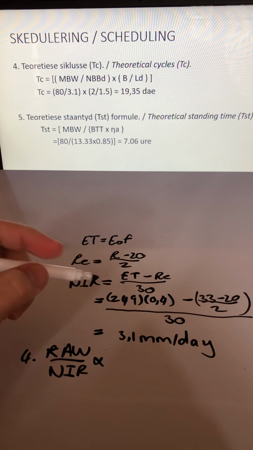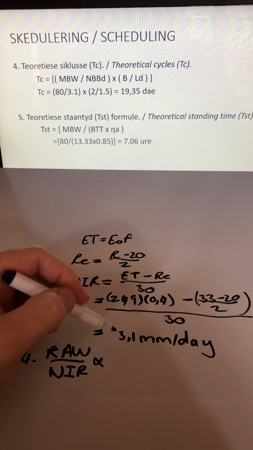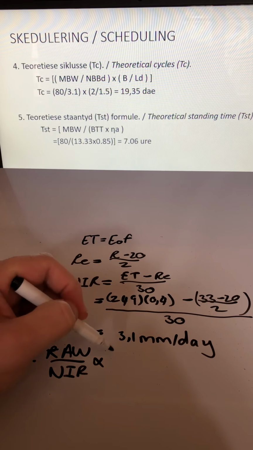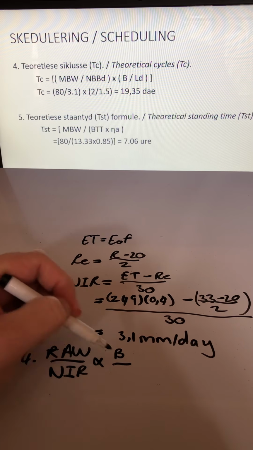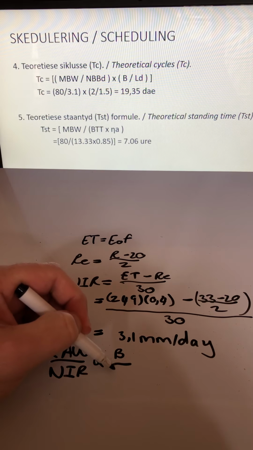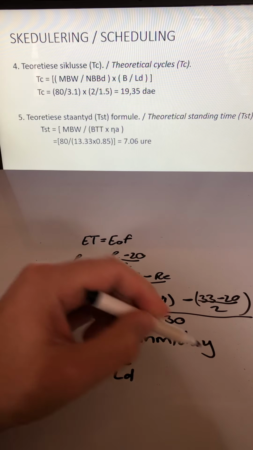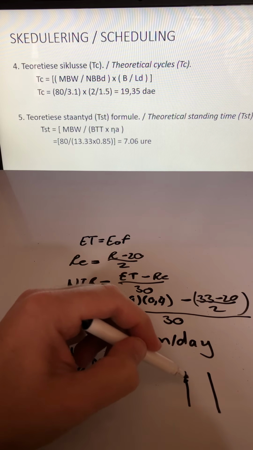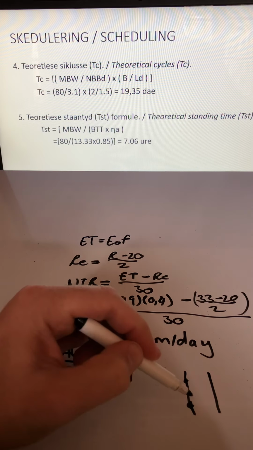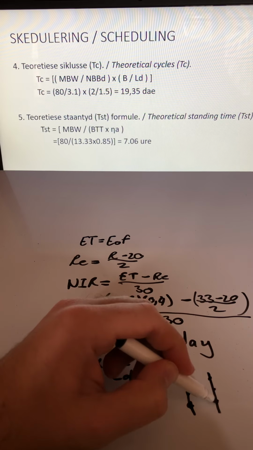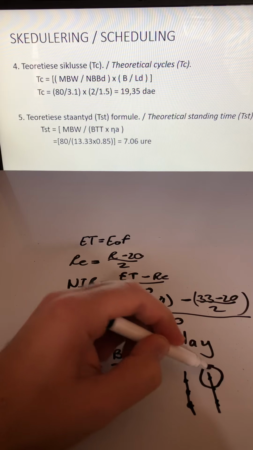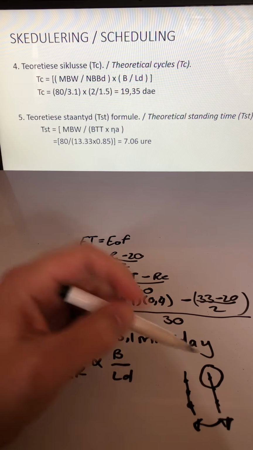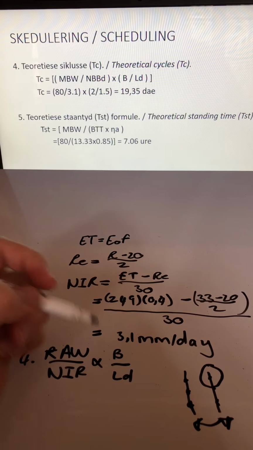So B, if you remember from the first question, is the diameter, and LD refers to the spacing of the laterals. So if you've got two laterals and you've got your emitters on these laterals, then B refers to the diameter and LD is that value.